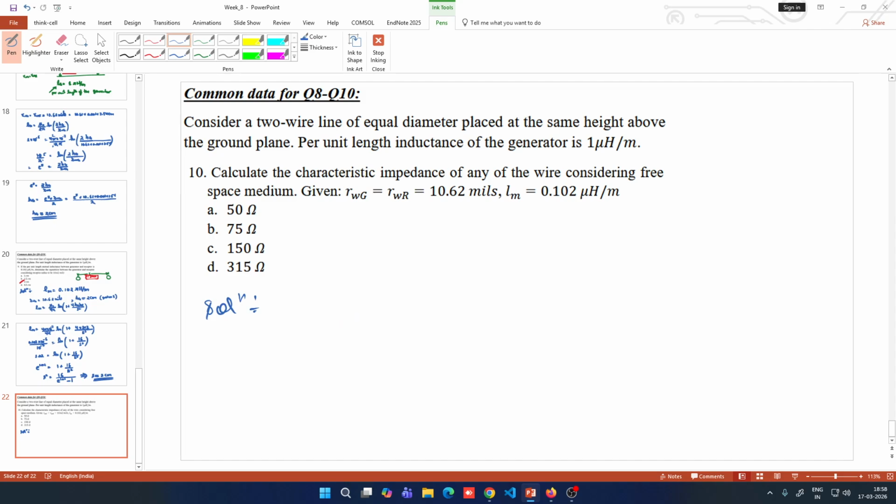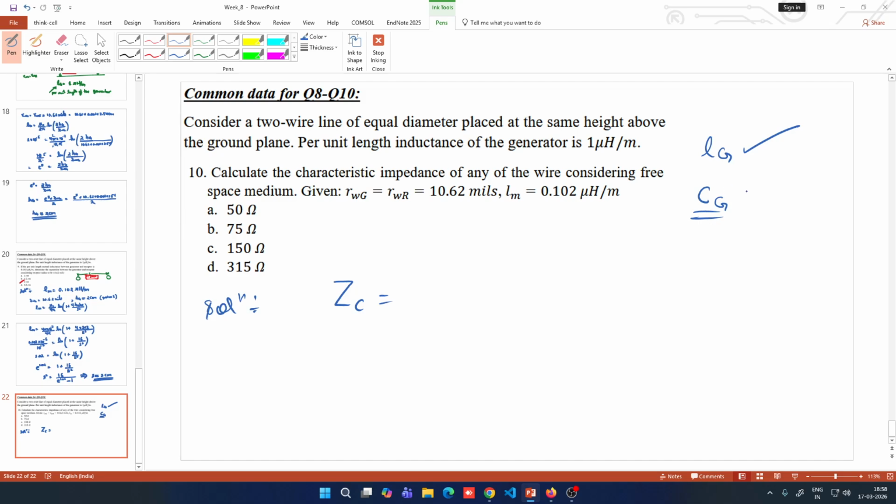So here we have to find the characteristic impedance, ZC. For finding ZC, we know there is a relationship between the characteristic impedance and the per unit length inductance LG and per unit length capacitance CG. LG we already know.